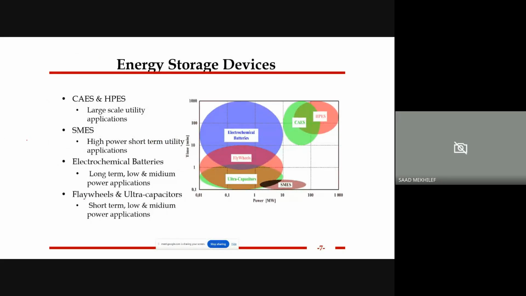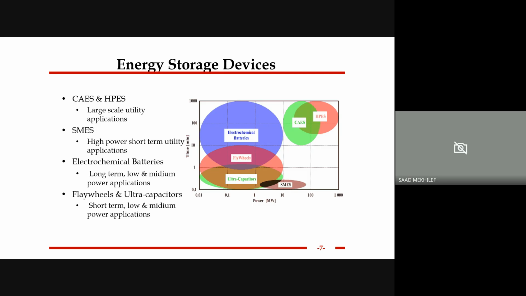Yeah, it's fine. One of the criteria on how we select the storage is very, very important, because we have different types of devices that can be used in storage. If you look into this chart, it shows the power and then the time.